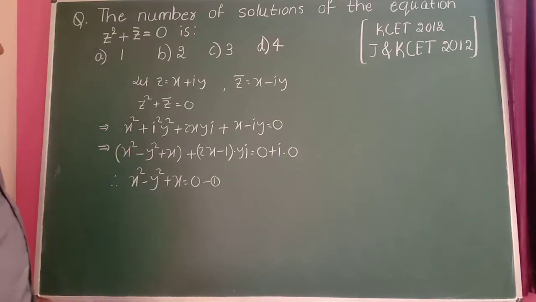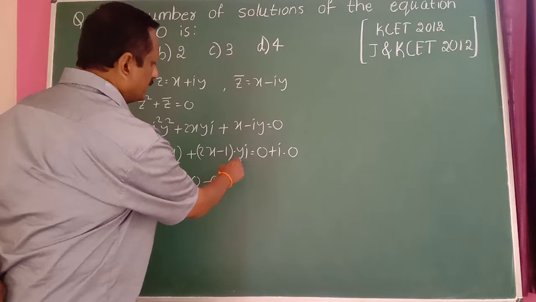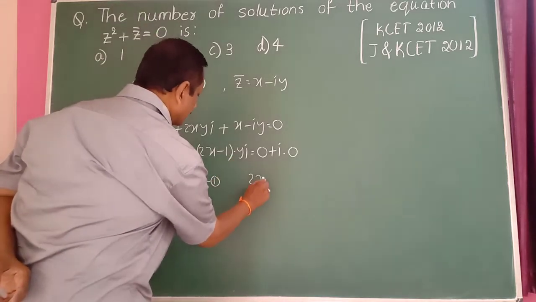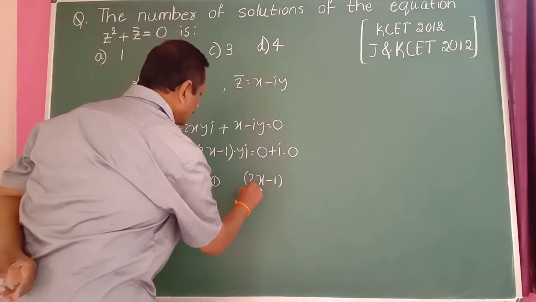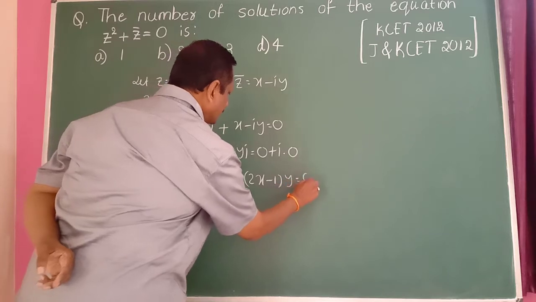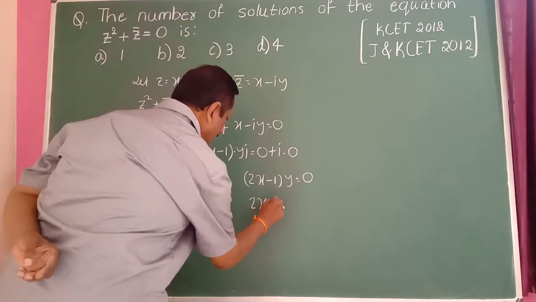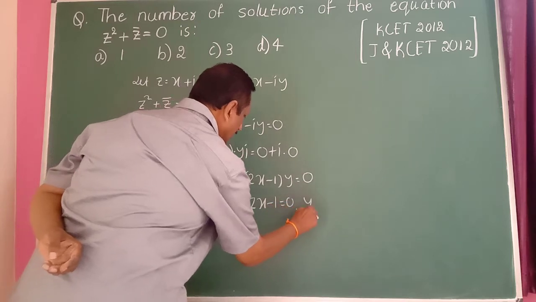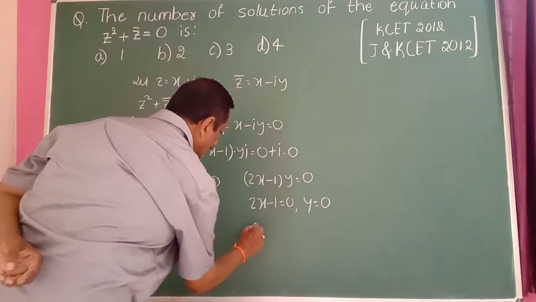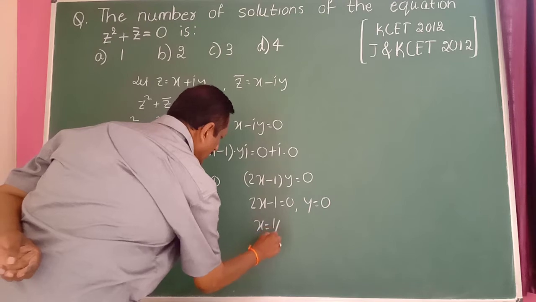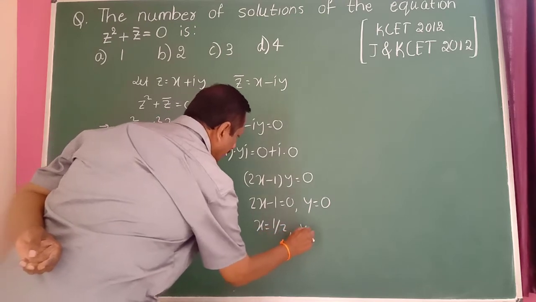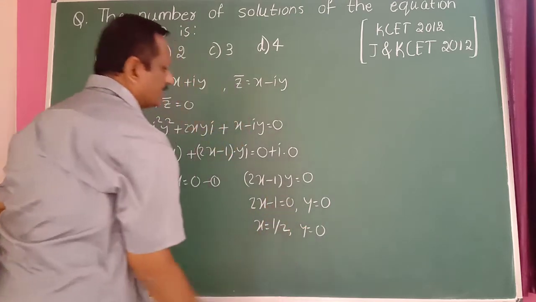And (2x minus 1) into y is equal to 0, so 2x minus 1 is equal to 0 or y is equal to 0, so x is equal to 1 upon 2, or y is equal to 0.